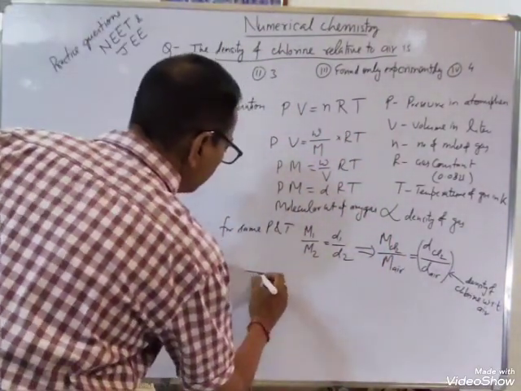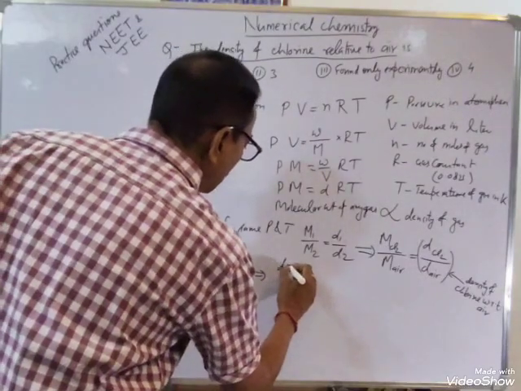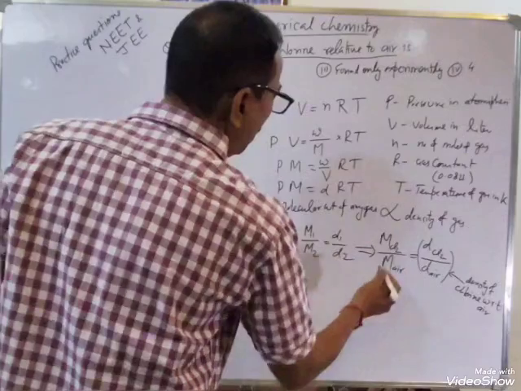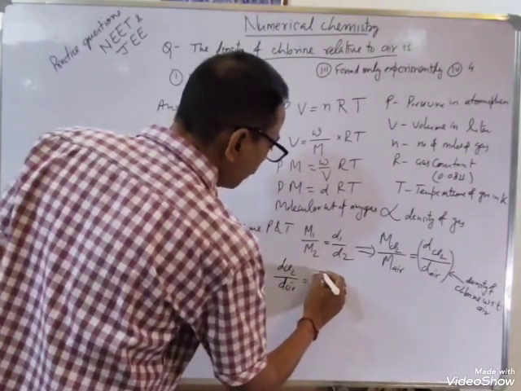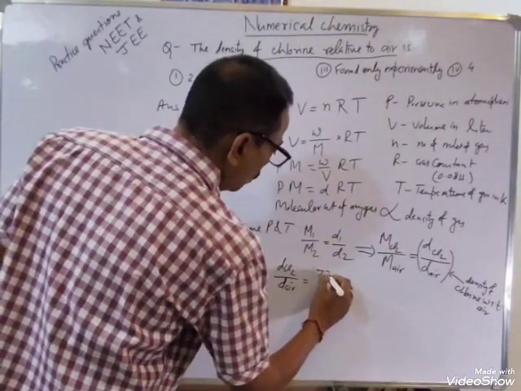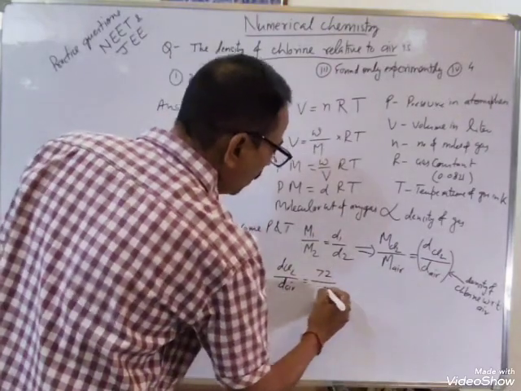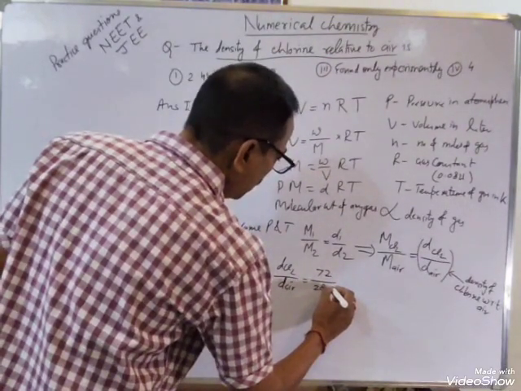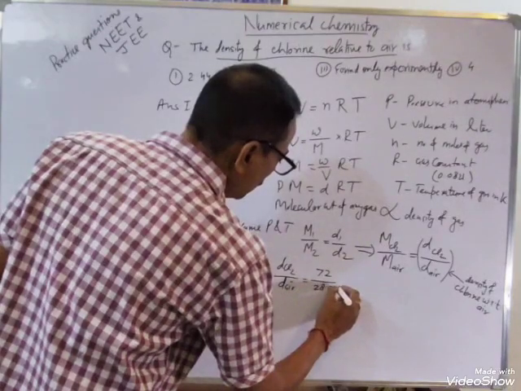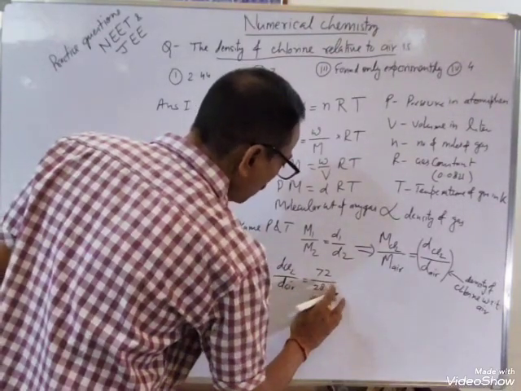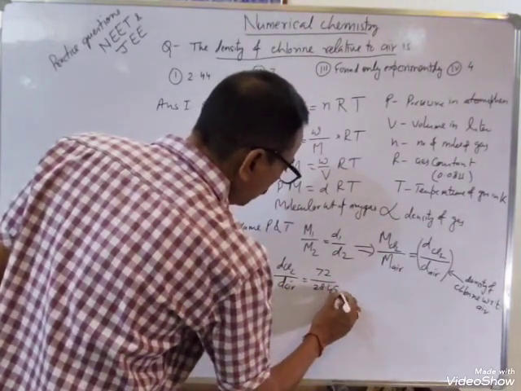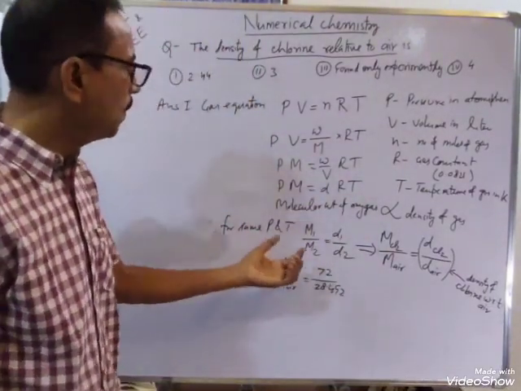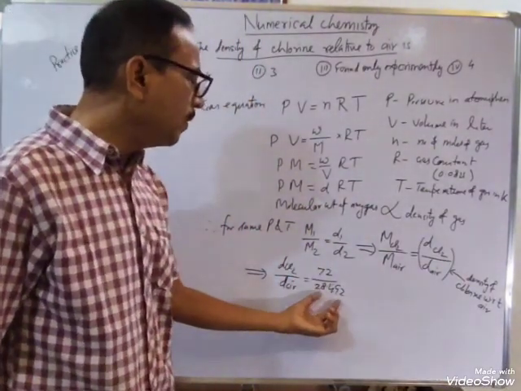So here d of Cl2 upon d of air equal to molecular weight of chlorine, that is 71, over air molecular weight, 28.94, I think. This is standard, so you must remember the molecular weight of air.